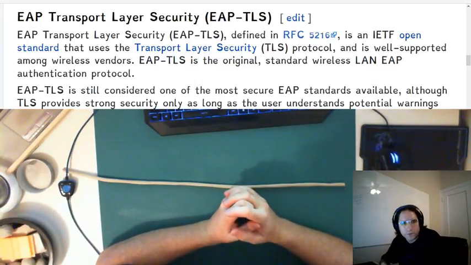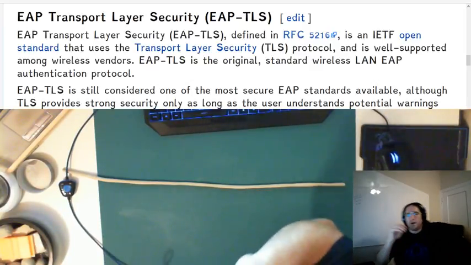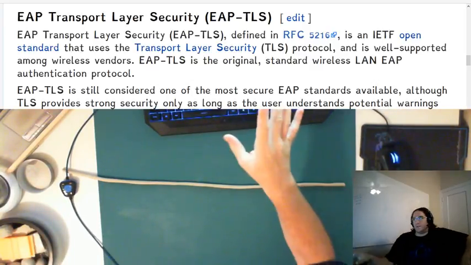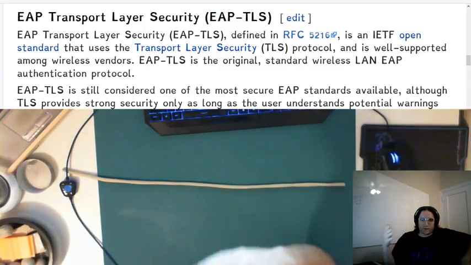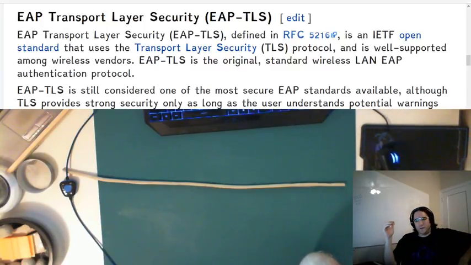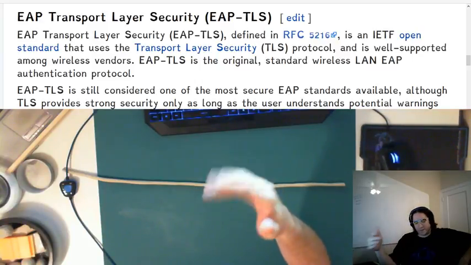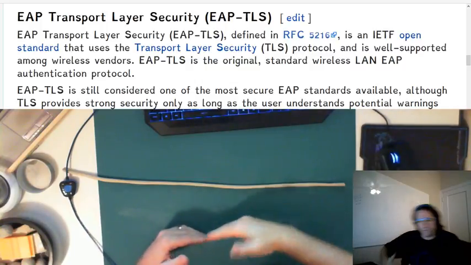Why are you learning these? I am learning EAP protocols, 802.1X, and other networking protocols to get the certification of Certified Wireless Security Professional, to advance my career.